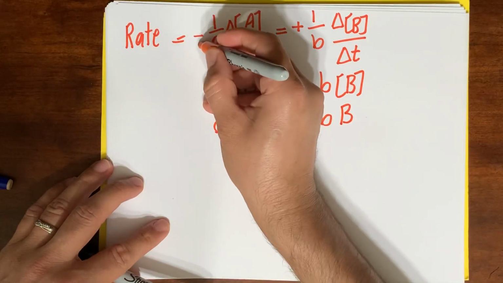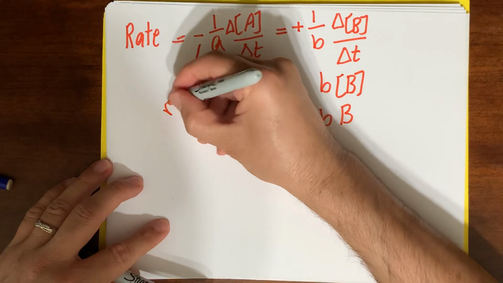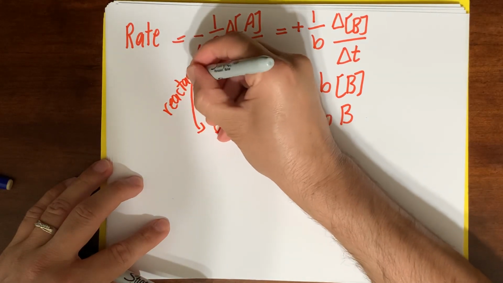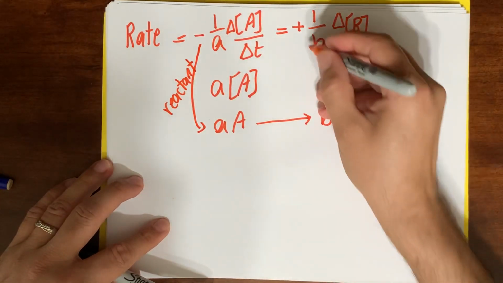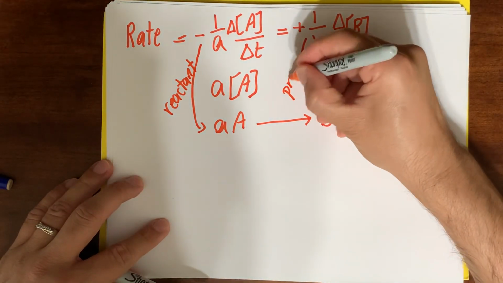I look to the sign. If it says negative, that means reactant. If it says positive, that means a product.